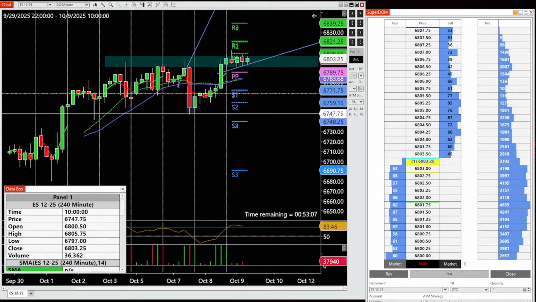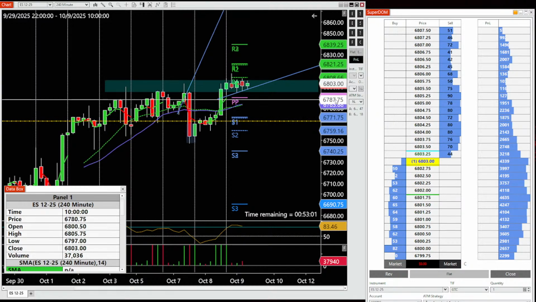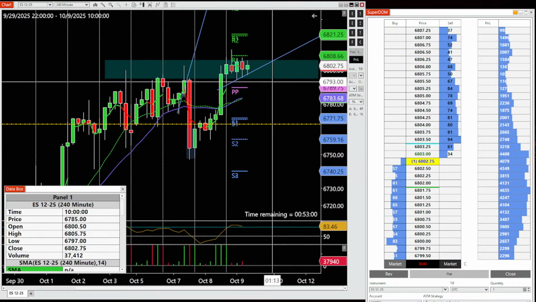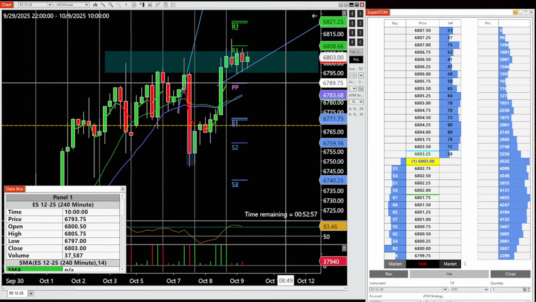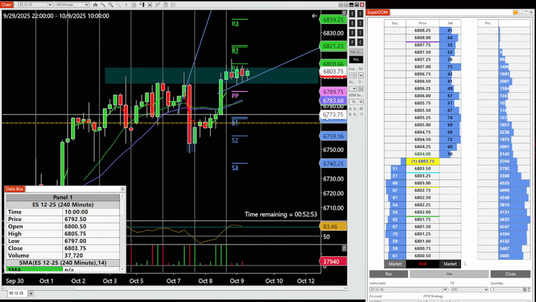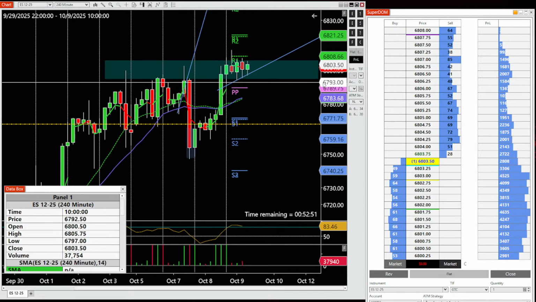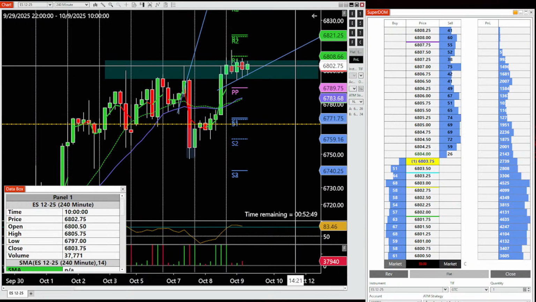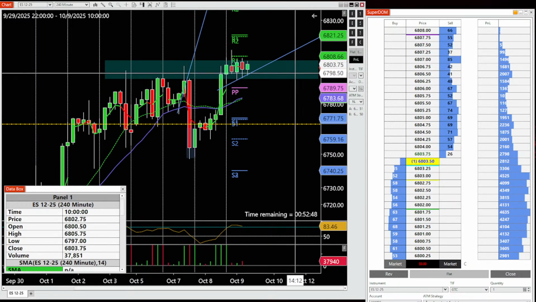So 240, 4-hour chart. Look at this. Barcode. Green, red, green, red, green on a barcode on a 4-hour chart. So you have to be careful.